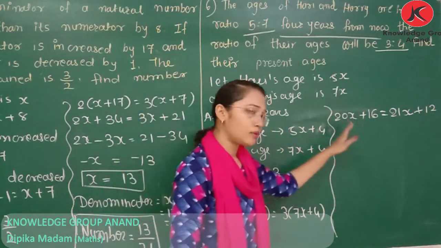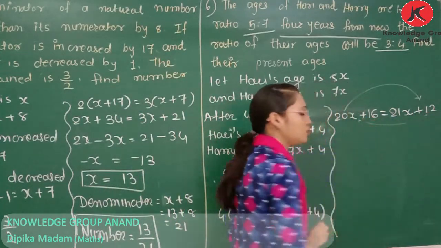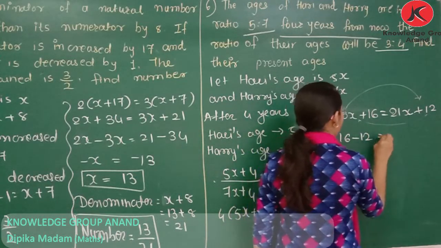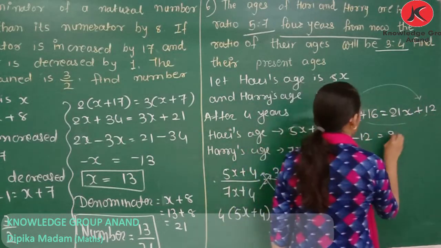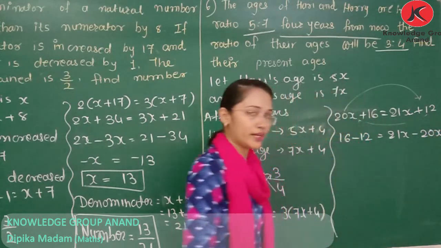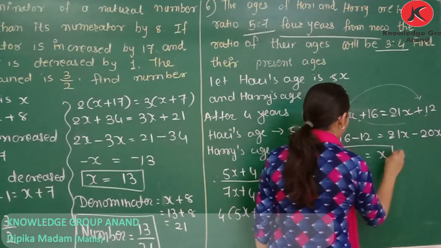Now, variable on one side, so we move 20x to this side and 12 to the left side. So, 16 minus 12, positive becomes subtraction, and 20x is positive, becomes subtraction from 21x. So you will get x is equal to 4.